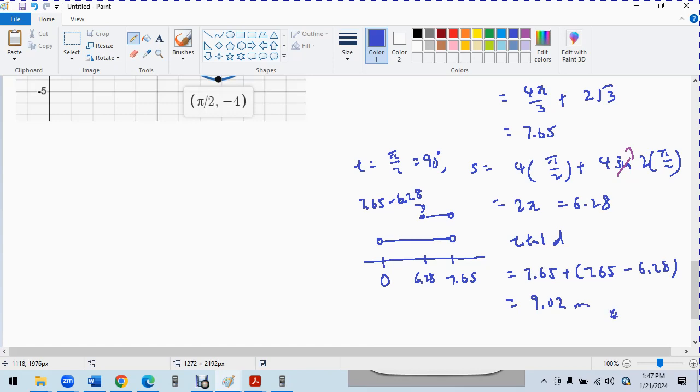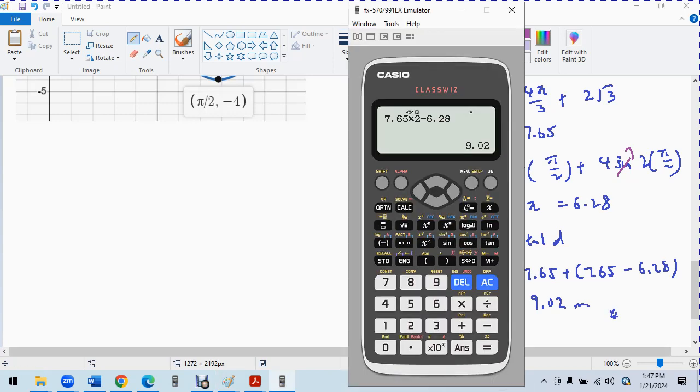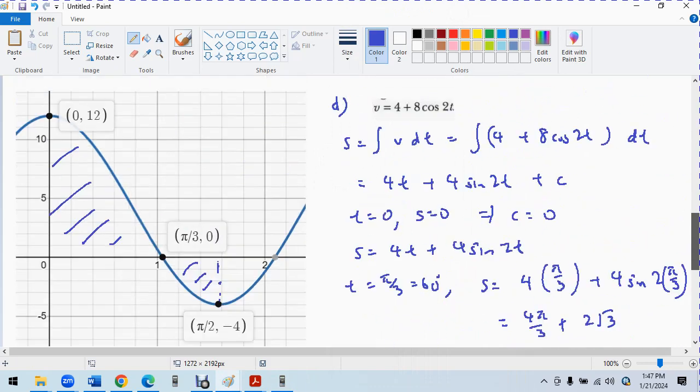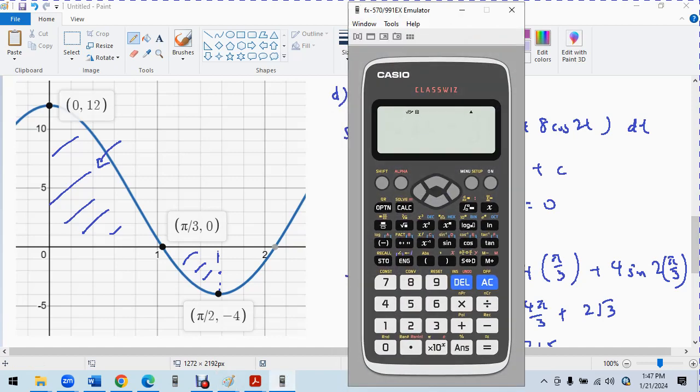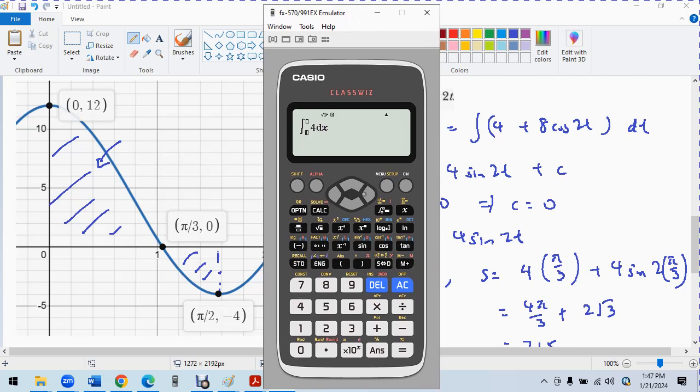meters. Actually, for this question, we have something easier if you are good at integration. For this part, integrate 4 plus 8 cos 2x from 0 until pi over 3.